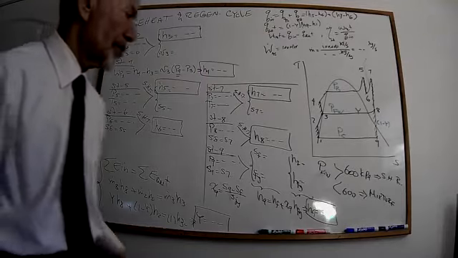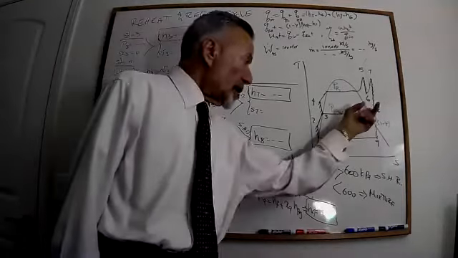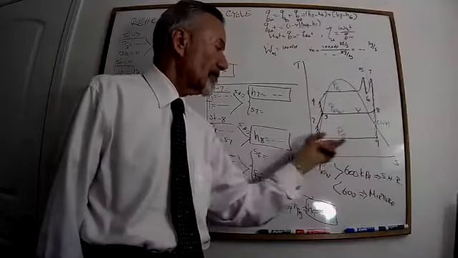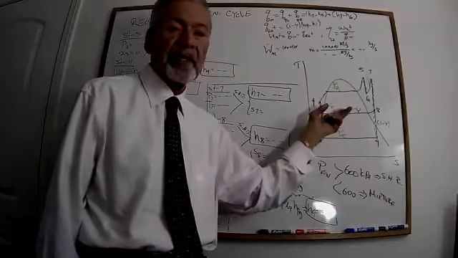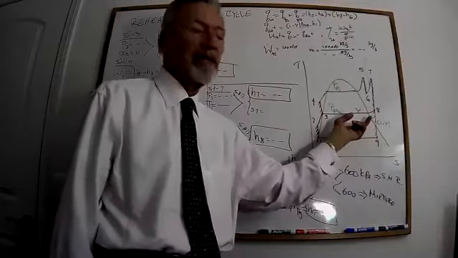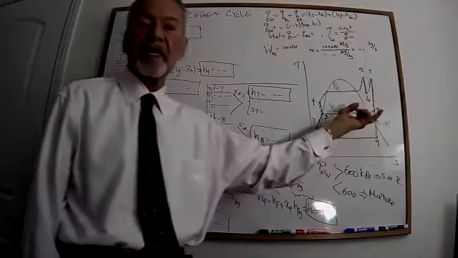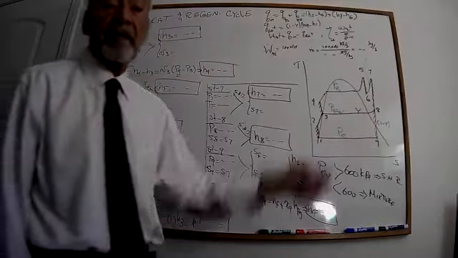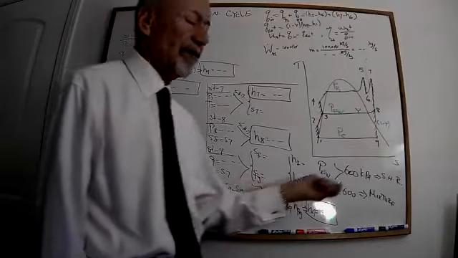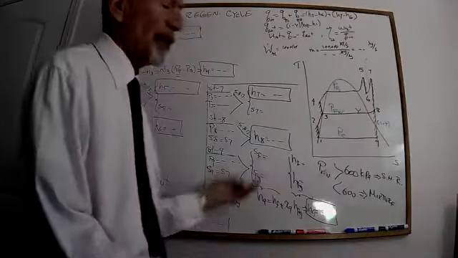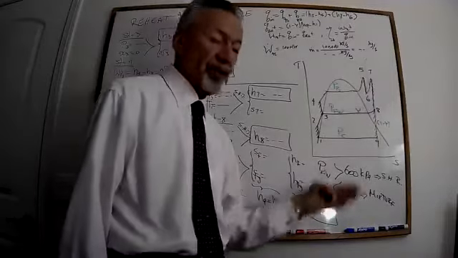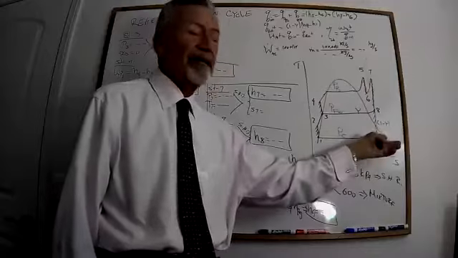Not a problem. So you make sure you have a correct TS diagram, because this usually has 12 or 15 points. And you don't want to miss 15 points for just one little tiny mistake. Because when you solve your problem, you find that X is greater than 1, so you go to superheated, you correct your solutions, but you forgot to correct your TS diagram.